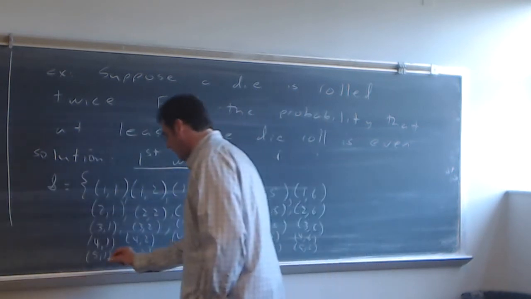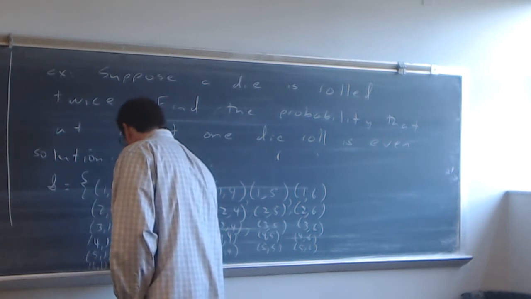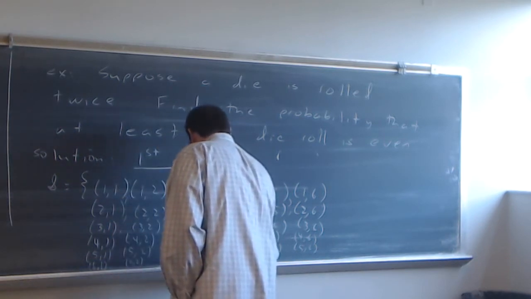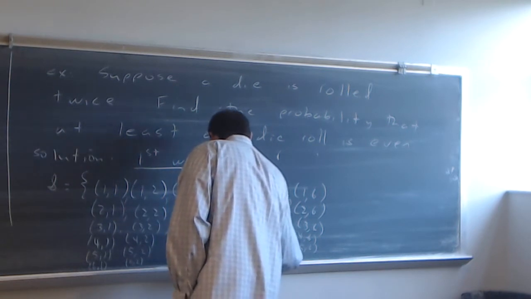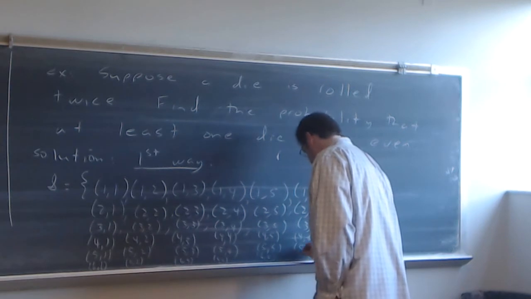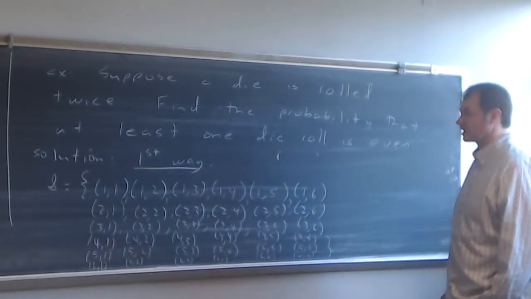And finally, the last row, we have 6,1, 6,2, 6,3, 6,4, 6,5, and 6,6. So that's our sample space, and everything is equally likely.